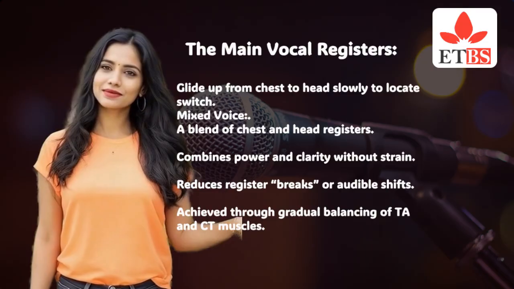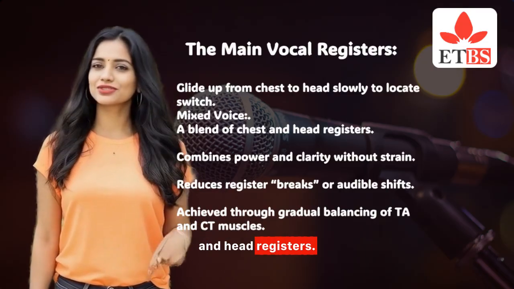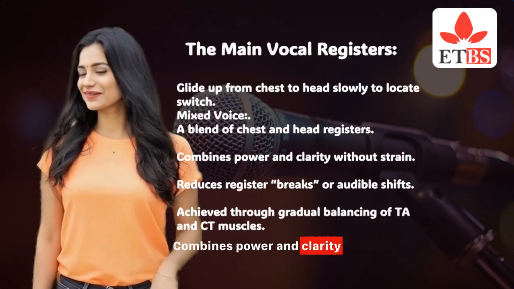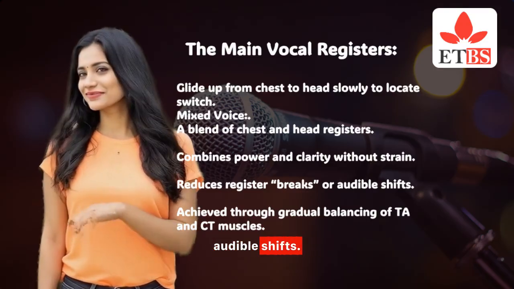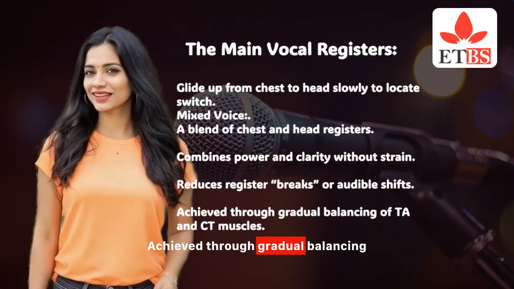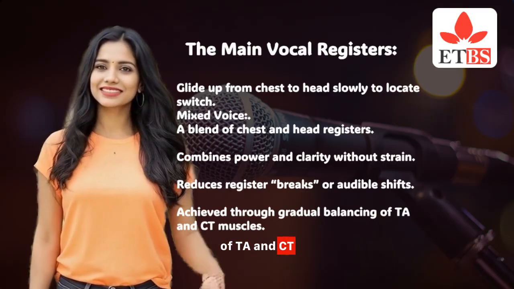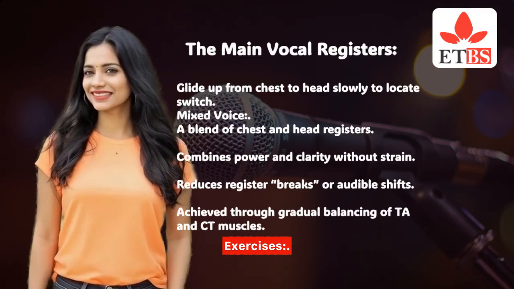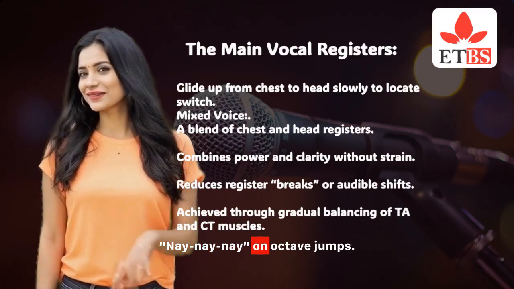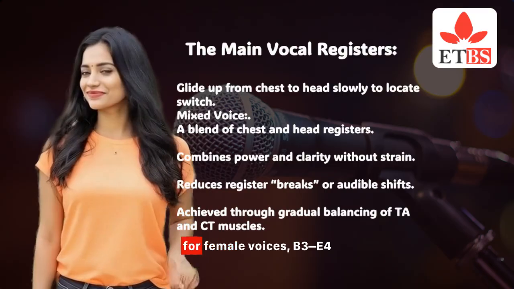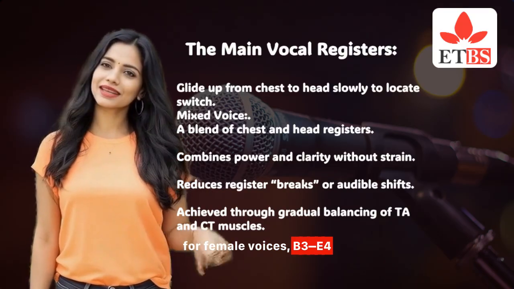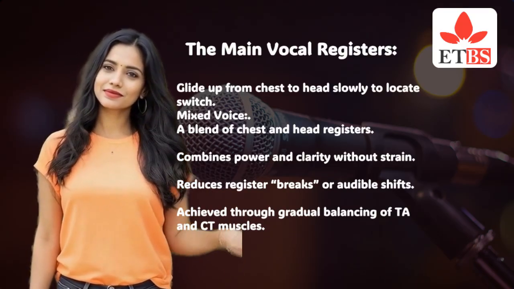Mixed voice, a blend of chest and head registers, combines power and clarity without strain, and reduces register breaks or audible shifts. Achieved through gradual balancing of TA and CT muscles. Exercises: nay, nay, nay on octave jumps. Sustained scales between E4 to G5 for female voices, B3 to E4 for male.